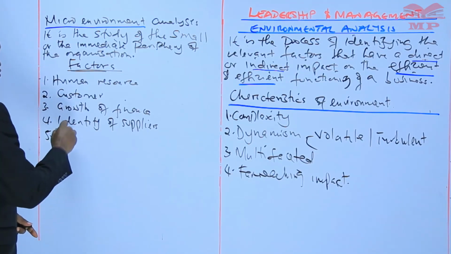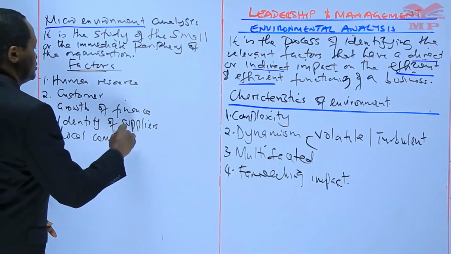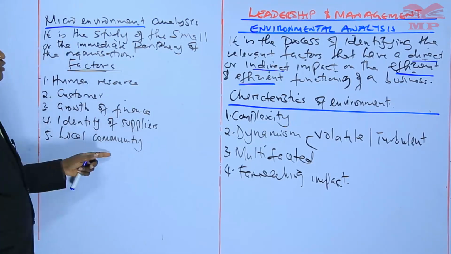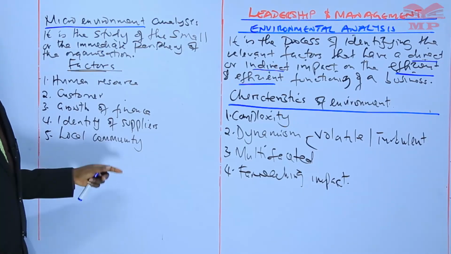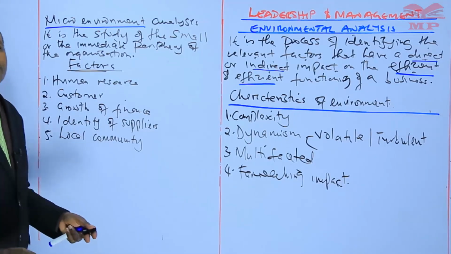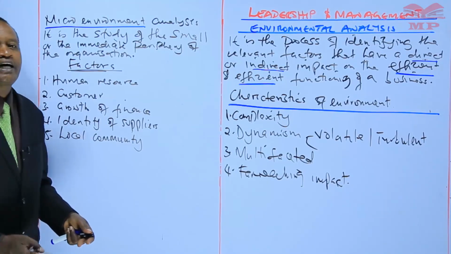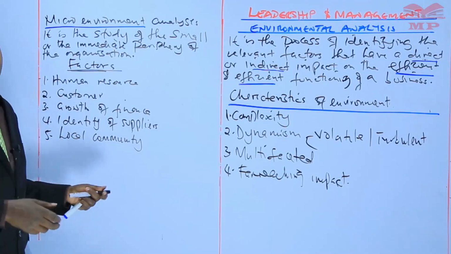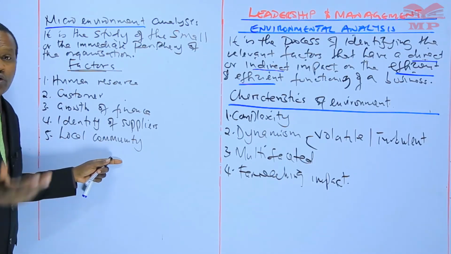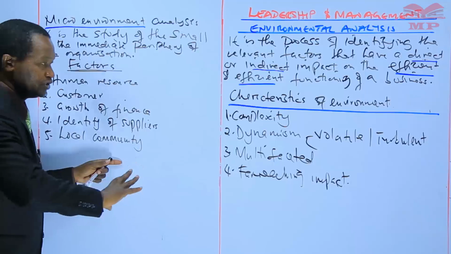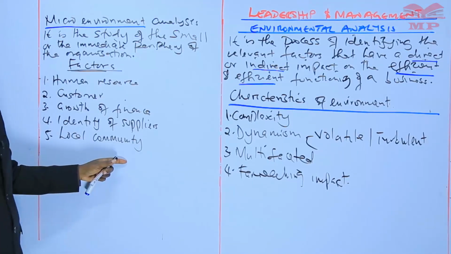Five, local community. When you are carrying out microenvironmental analysis, you may want to look at the local community of the farm and the location of the farm. The local community, the community surrounding the organization.